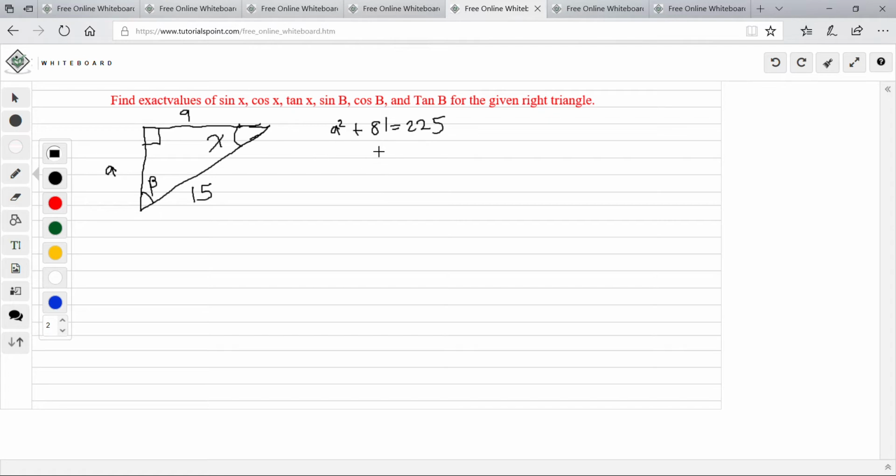Then I just subtract 81 from both sides. So our a squared is 144. And then take the square root. So a equals 12. So right here is 12. Okay, so let's find sine alpha.